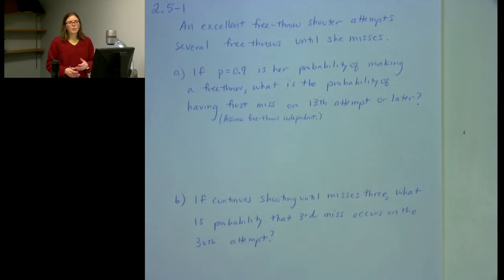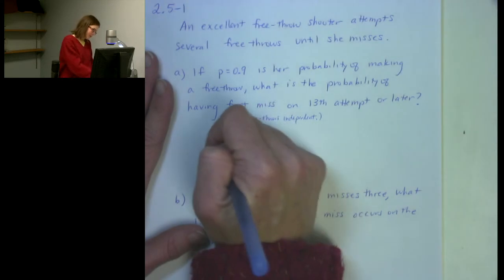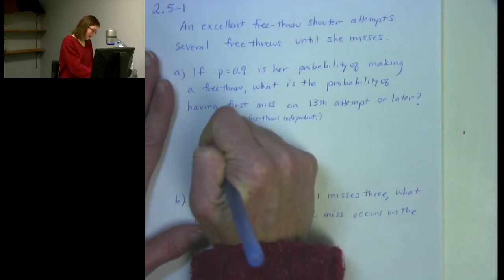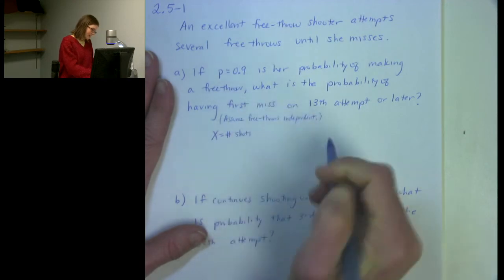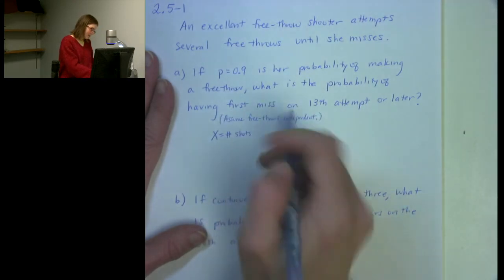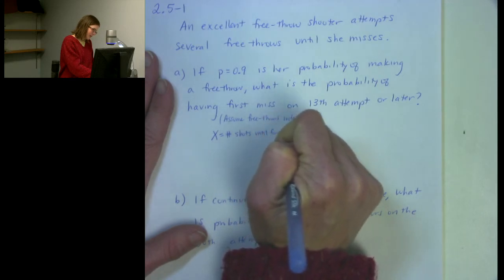When we are looking at the number of tries needed to get the first success, that has what's called the geometric distribution. So let's consider X is the number of shots until her first miss.